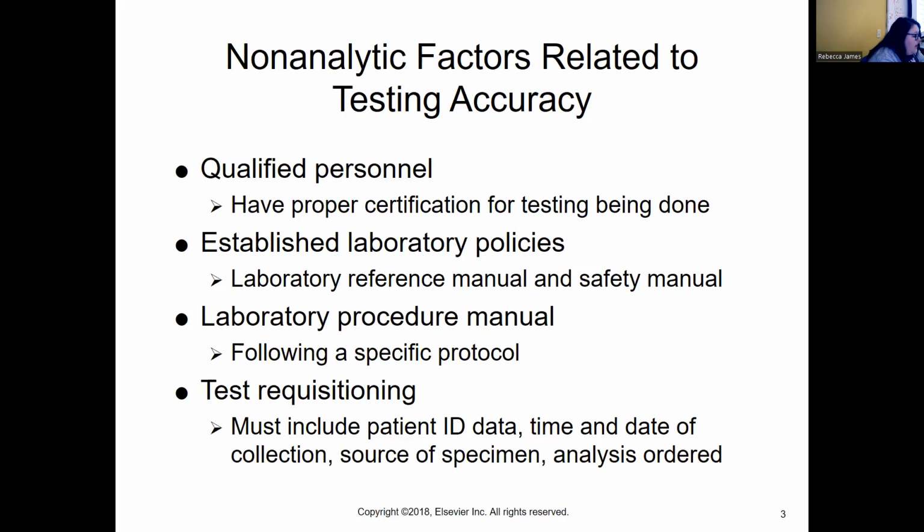So go to non-analytic factors related to testing accuracy. So non-analytic, what does analytic mean? Testing. Non-analytic means non-testing factors that relate to testing accuracy. So, qualified personnel. The competence of personnel is an important determinant of the quality of lab results.